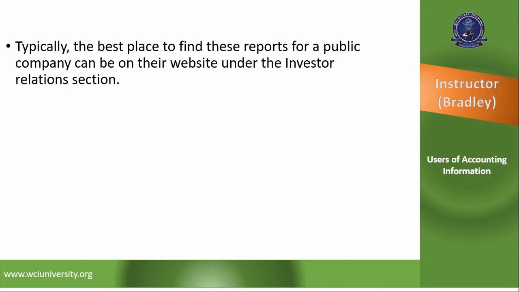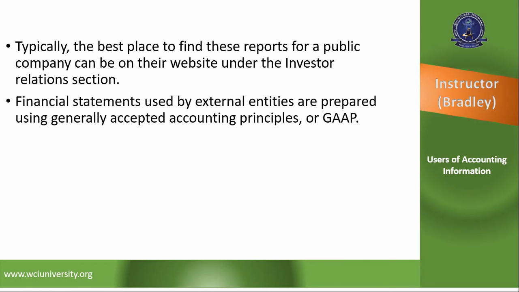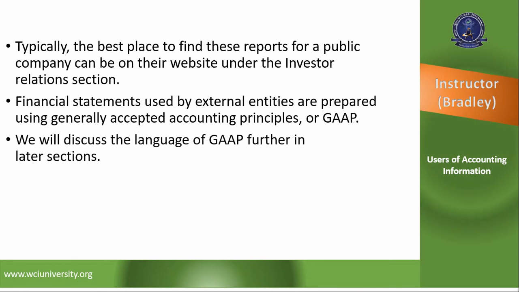Typically, the best place to find these reports for a public company is on their website under the Investor Relations section. Financial statements used by external entities are prepared using generally accepted accounting principles, called GAAP. We will discuss the language of GAAP further in later sections.